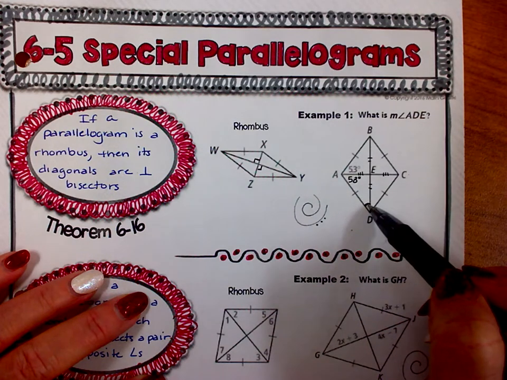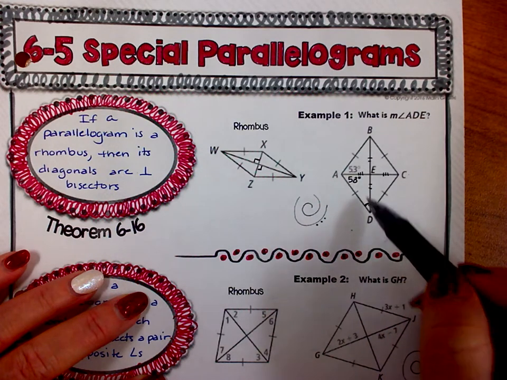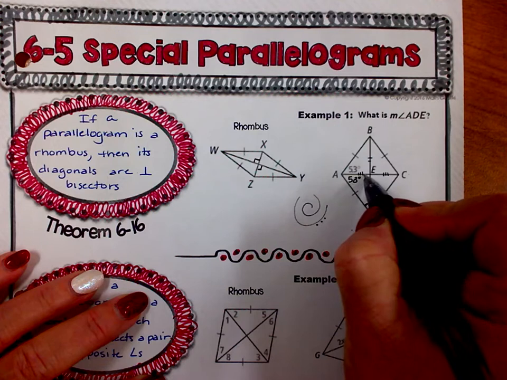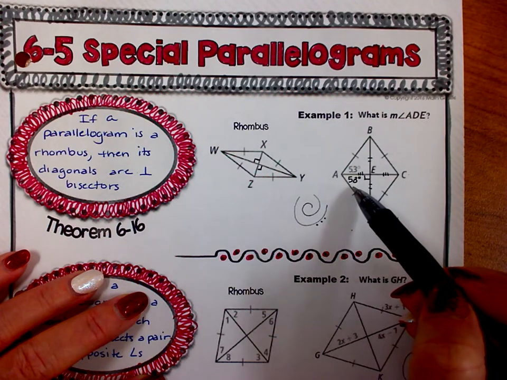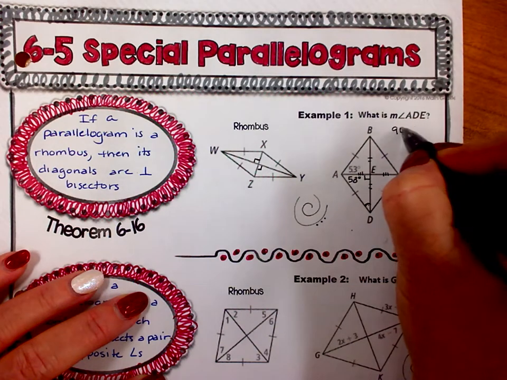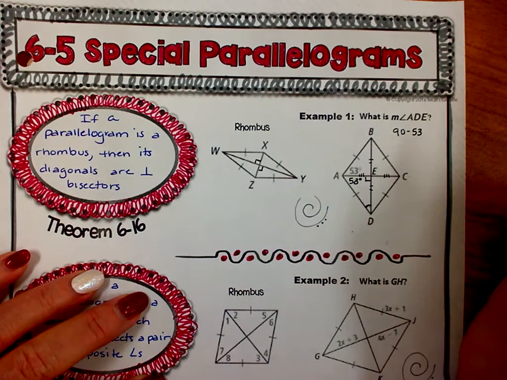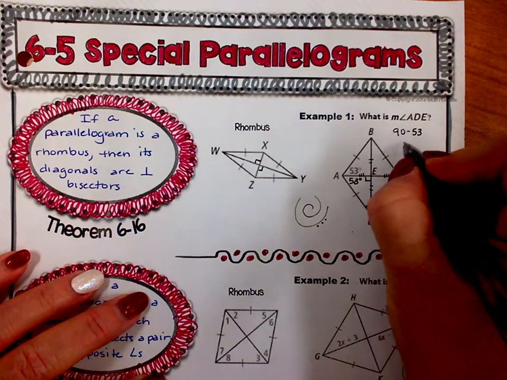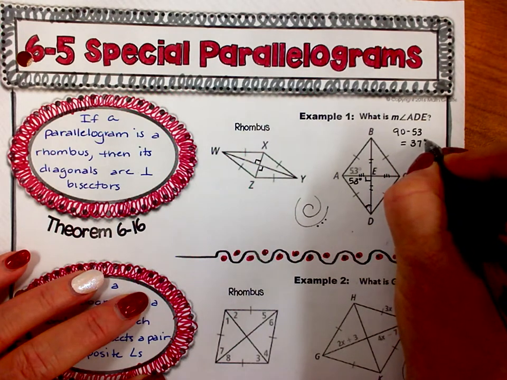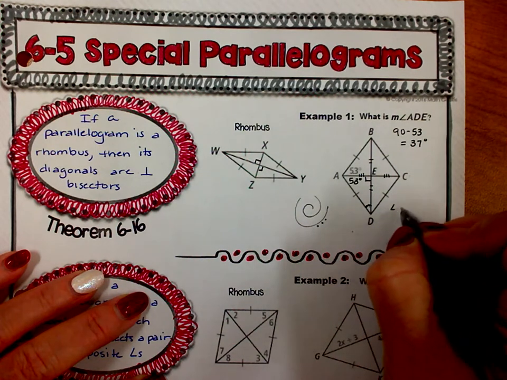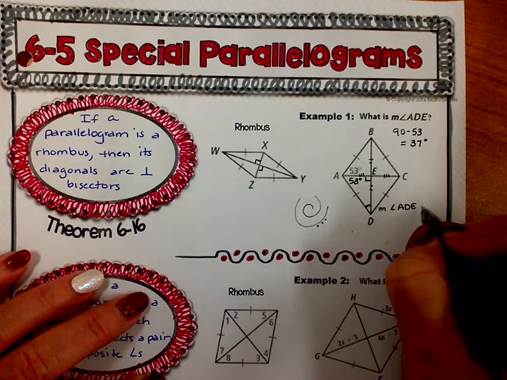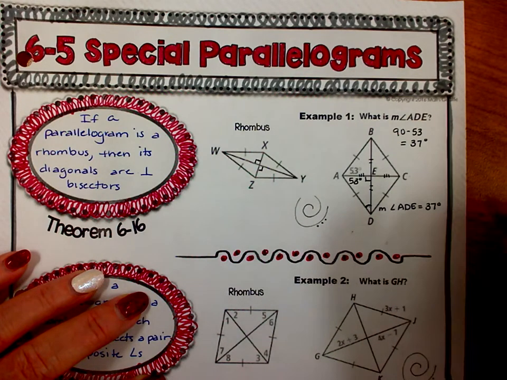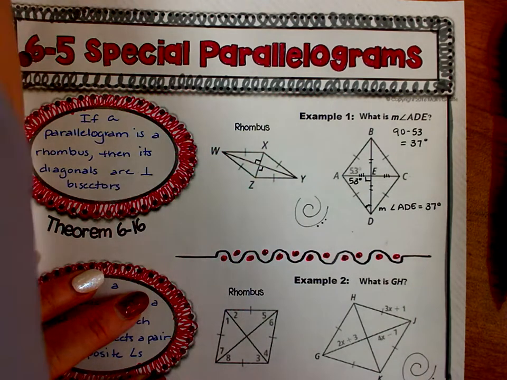And then in order to find this angle, since we already know that we are looking at right triangles, and this angle is 53 degrees, then if we take 90 minus 53, we are going to get 37 degrees. So the measure of angle ADE is equal to 37 degrees.